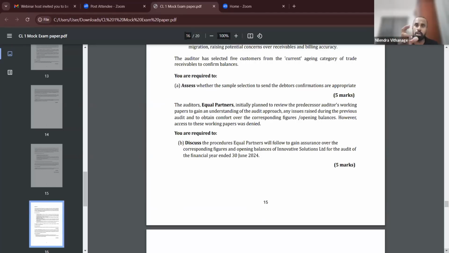If working papers are not given, do a rollback calculation. Maybe call for external confirmations from the bank. If those also do not support you, modify your opinion.